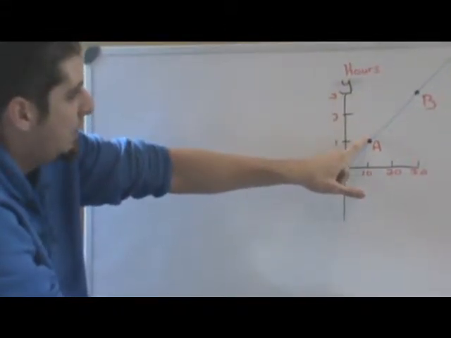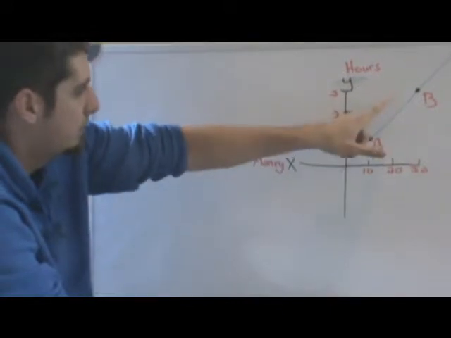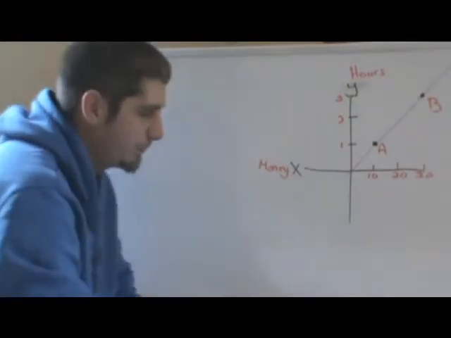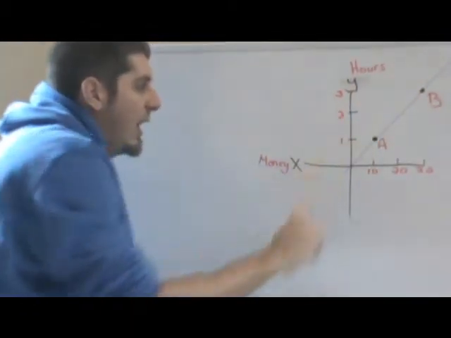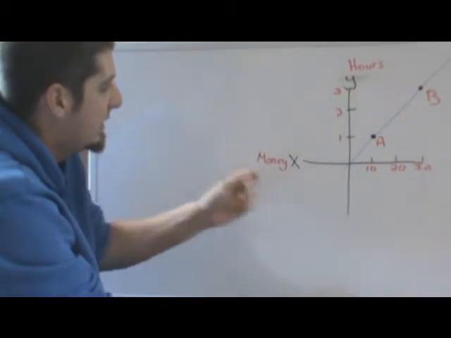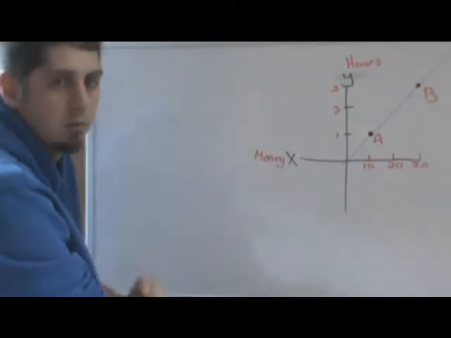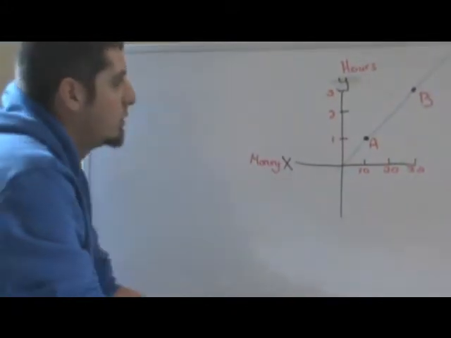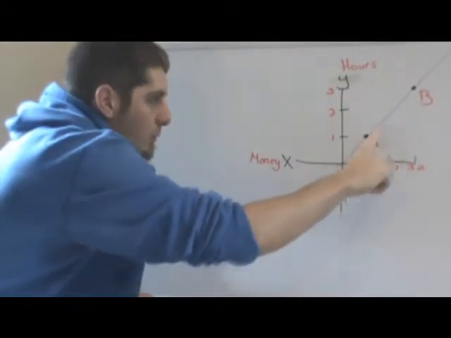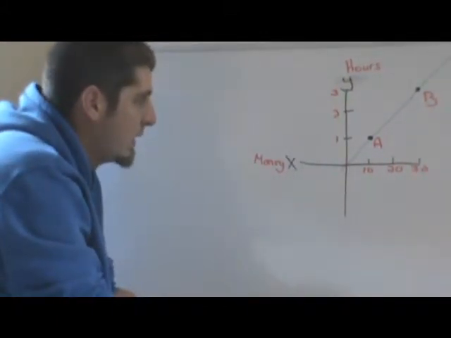So in other words, how many hours have we worked? Going from point A to point B. And then the horizontal change, it's how far left or right are you moving? Or in other words, in this case, we're talking about how much money have we made? So how many hours have we worked, and how much money have we made going from point A to point B? This is how you find the slope of a line.